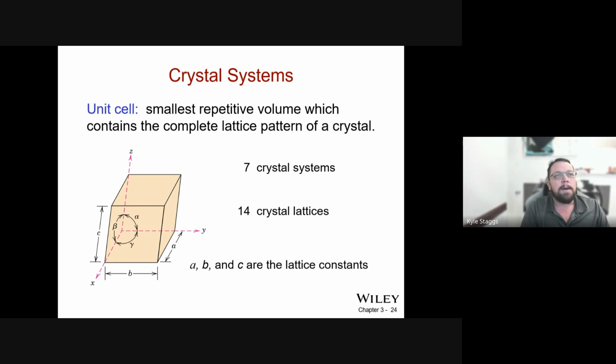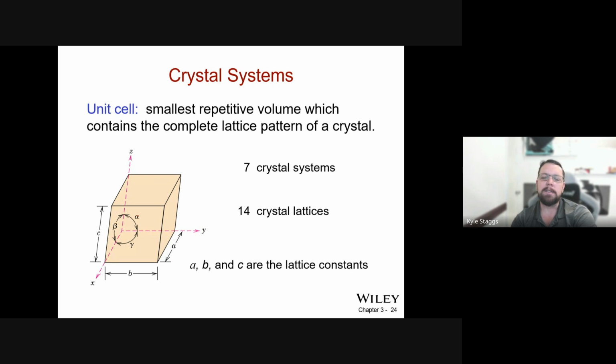A unit cell within these crystal systems is the smallest repetitive volume that contains all of the lattice pattern information about a crystal. A, B, and C are the lattice constraints.